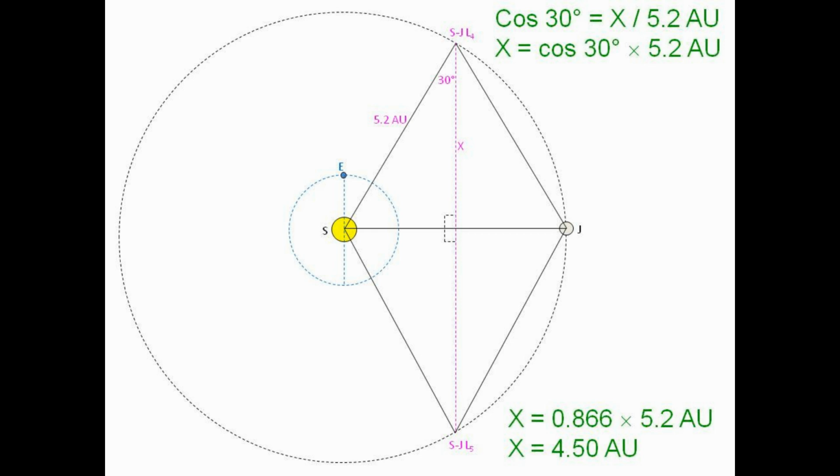This angle is 30 degrees, of course, because that's directly through the 2 equilateral triangles with 60-degree corners. Cosine of 30 degrees is the adjacent unknown x side over the hypotenuse, 5.2 astronomical units. So that distance right there is 4.50 astronomical units to the midline of the system.